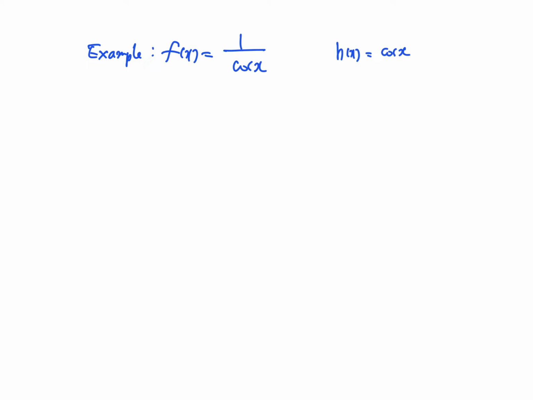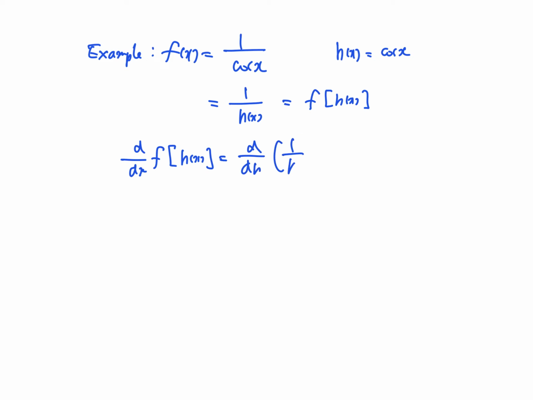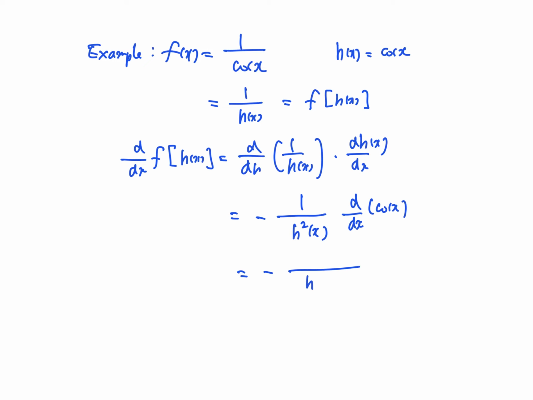Then this is f(h(x)). The derivative is d/dh of 1 over h(x) times dh/dx, right? d/dx of cosine x is minus sine x.